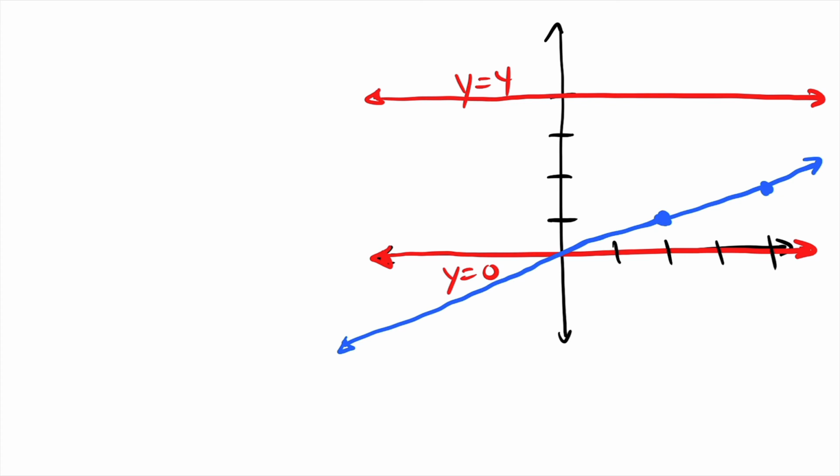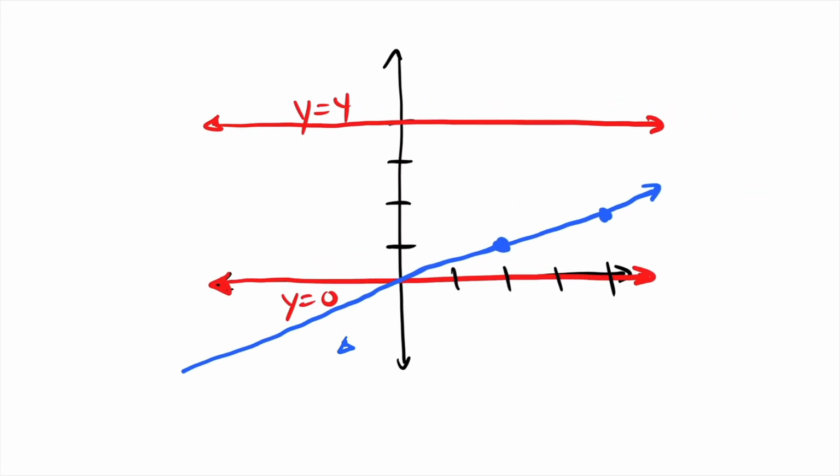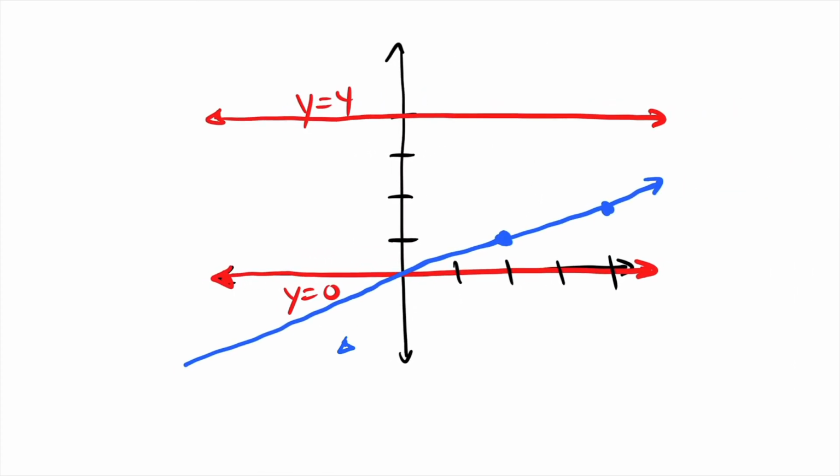So what do I do? How do I figure out where it's bounded? Yeah, you do it with respect to the line bounded from 0 to 4. Yeah, I see that, but my picture's not bounded. So what do I do?